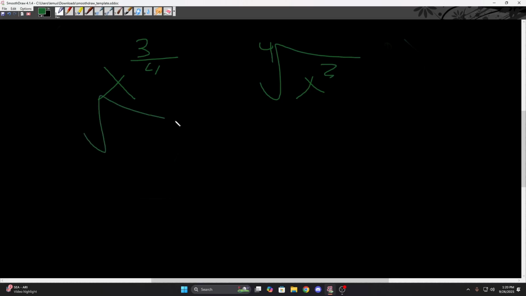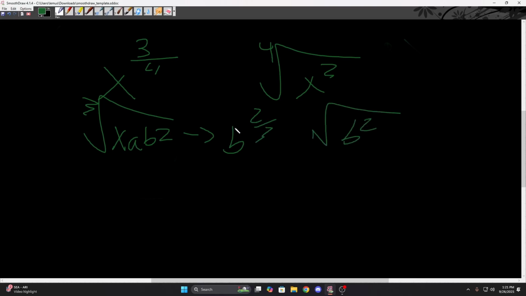So think about it like this. Let's say you have x, a, b, whatever, and then here's 2, right? B is 2. It would be b to the 2/3 power, and technically you would just keep the b squared in there. You don't have to necessarily think of it like that, but if it helps, it helps.